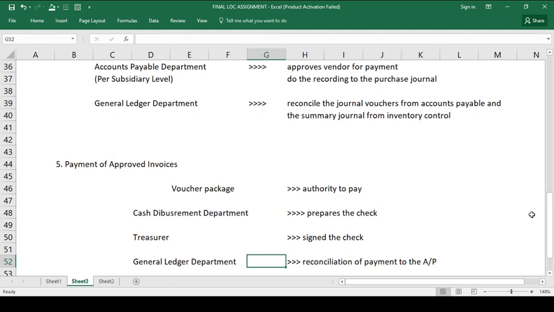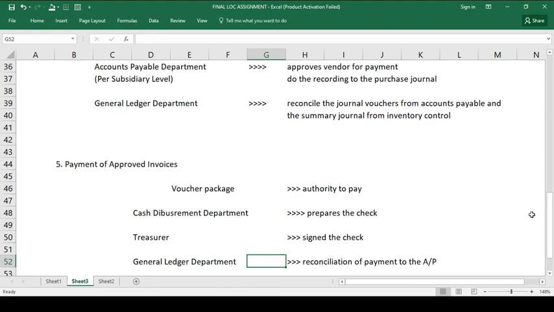In most cases in a corporation, usually hindi lang po treasurer yung pumipirma sa check. Usually dalawa po ang pumipirma sa check. Sometimes the treasurer and then the chief operating officer or other officers that are authorized.